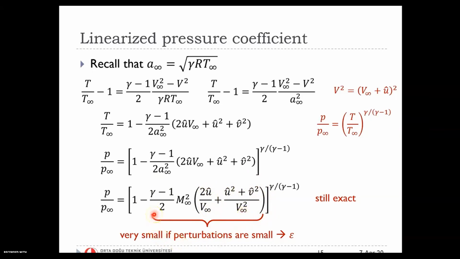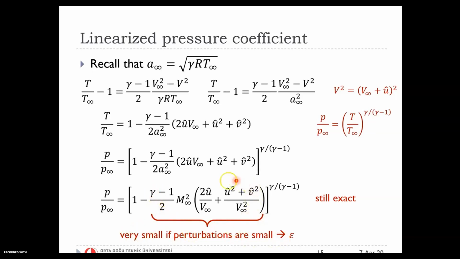As a result, this complete term is very small if perturbations are small, which is the case because from the beginning of linearized theory we assume that our perturbations are small. That's actually the basis of our derivation here.